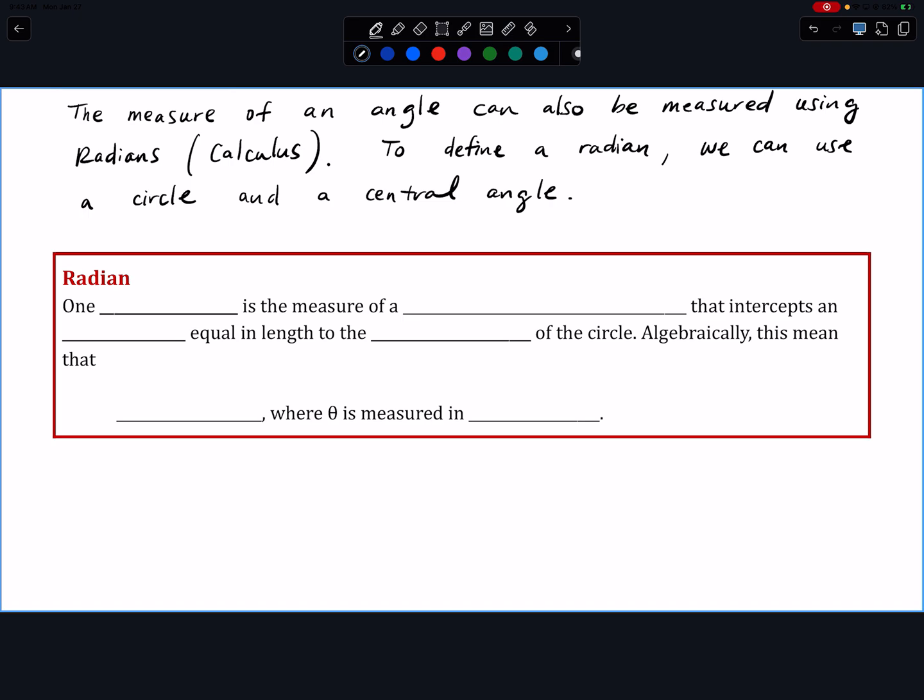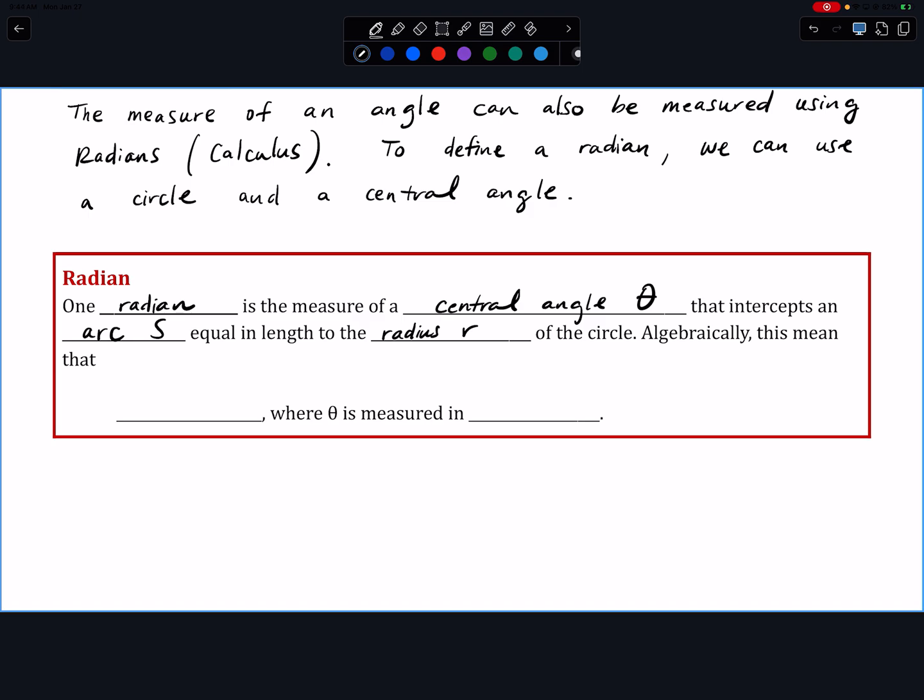All right, so 1 radian. What does radian sound like? What word does it sound like? Radius. Okay, so maybe they have something in relation with each other. 1 radian is a measure of a central angle, theta, that intercepts, so crosses, an arc, which we're going to call capital S, equal in length to a radius r of the circle.